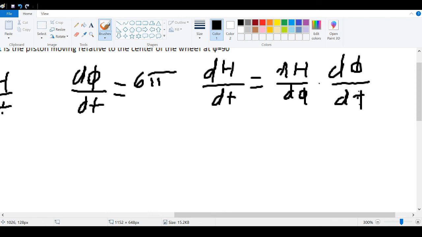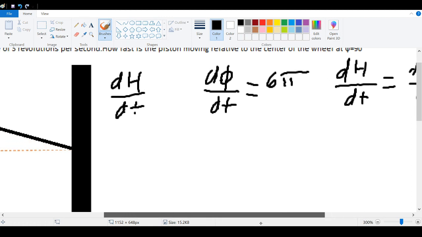And that's just chain rule. And this is great because we have d phi dt. The problem gives us it. So our job will be to find dh d phi, or at least get a function of h in terms of phi. And that's going to be the challenge.